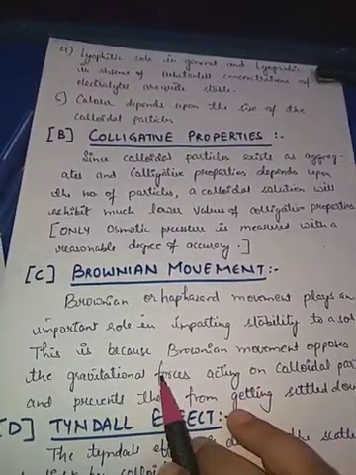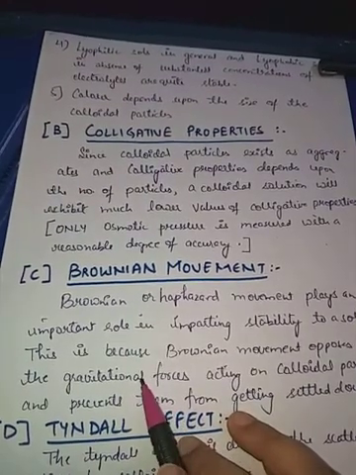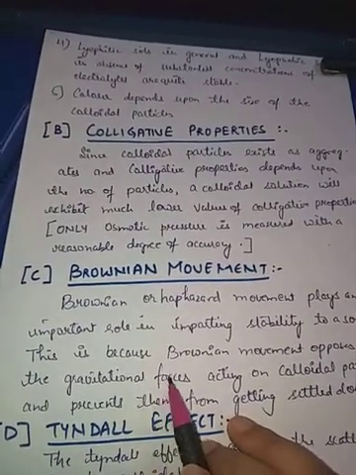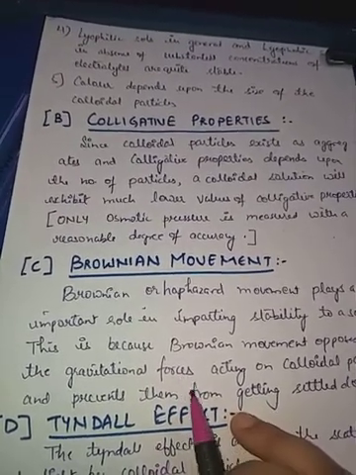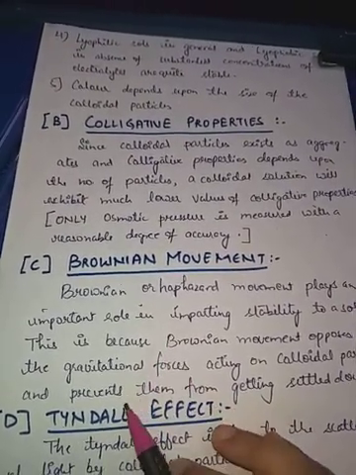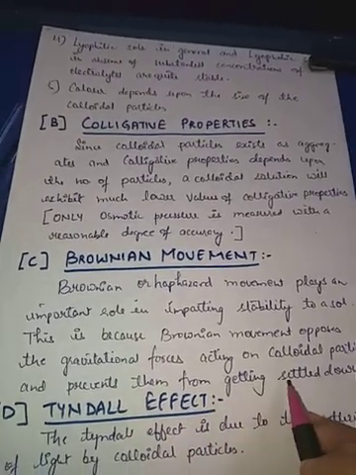They keep on moving in a haphazard motion, and the gravitational force cannot act so much on these particles. That's why Brownian movement prevents them from settling.